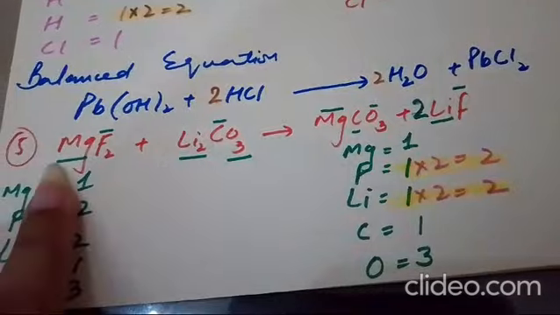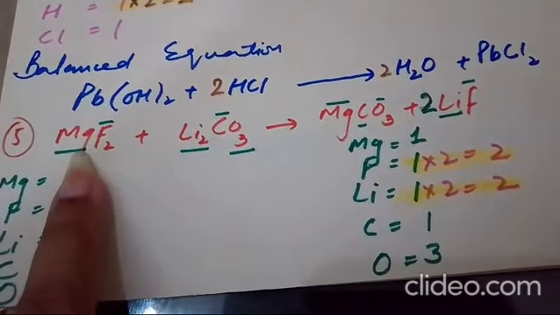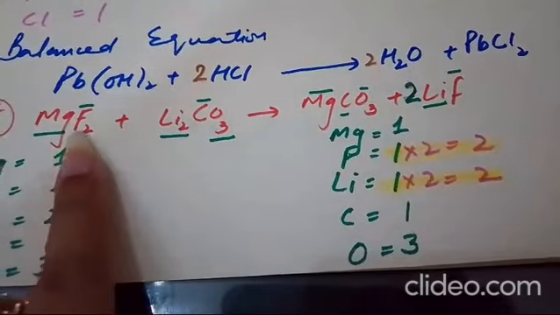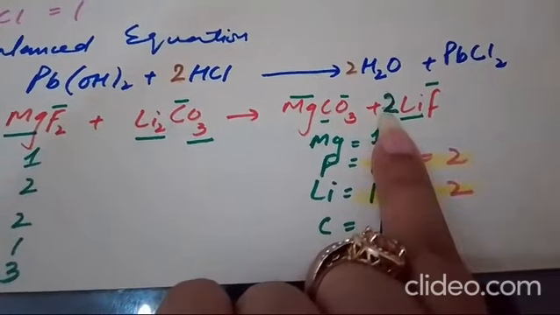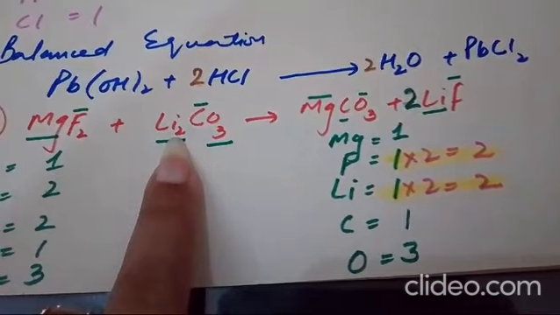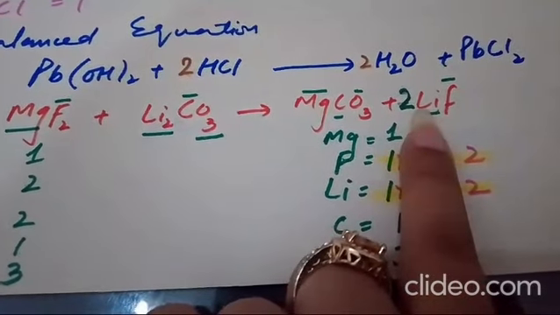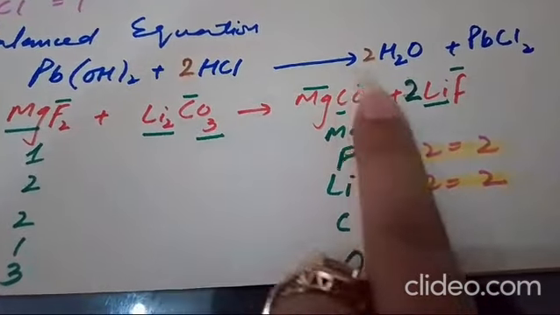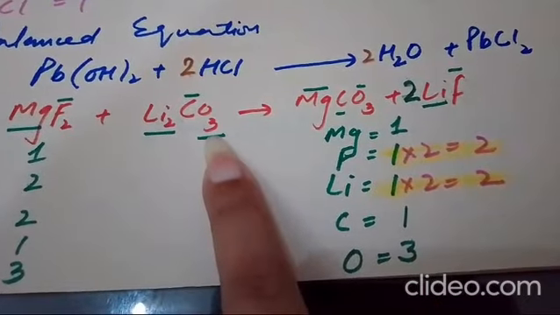Now after balancing, what do we get? 1 magnesium, 2 fluorine. So here 2 ones are 2 fluorine, 2 lithium. Here we have 2 lithium, 1 carbon, 3 oxygen, 3 oxygen.